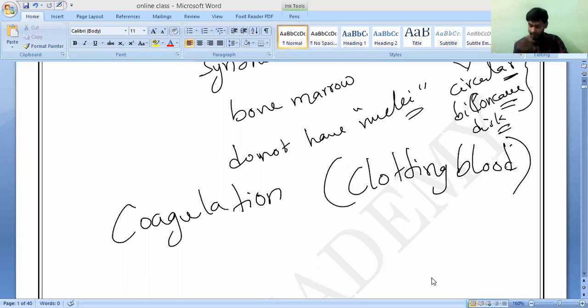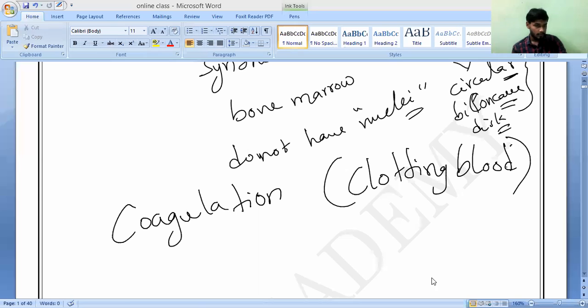Now let us come to these cells. This is all about what platelets are. If you take RBC, WBC, or platelets, all the blood cells are made in the bone marrow, from the cells which we call stem cells.